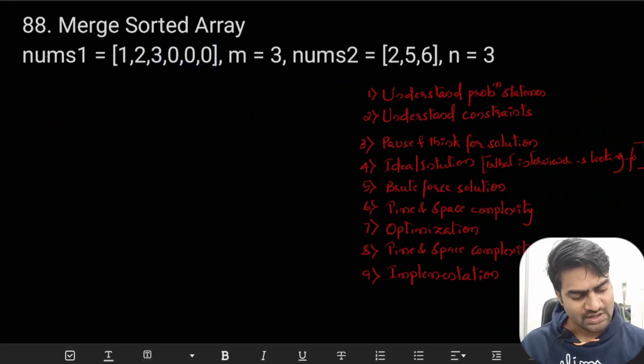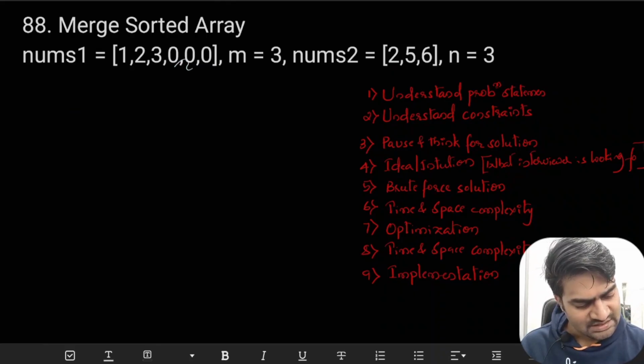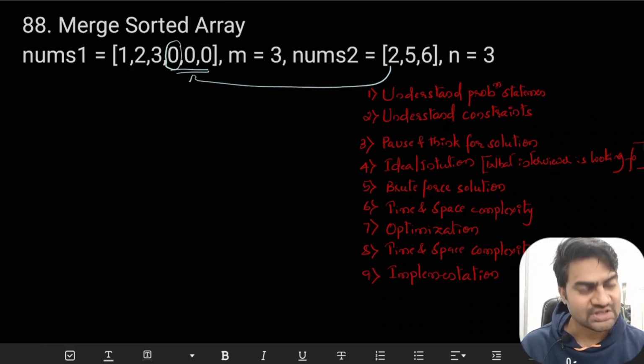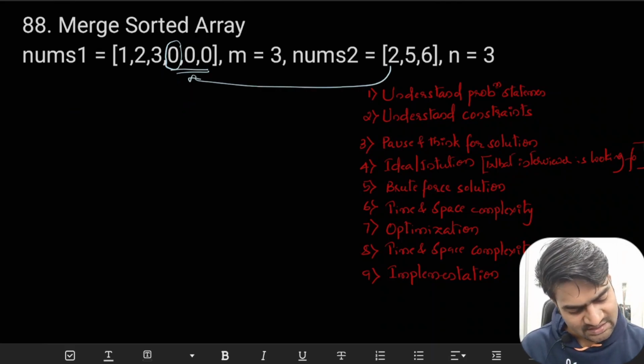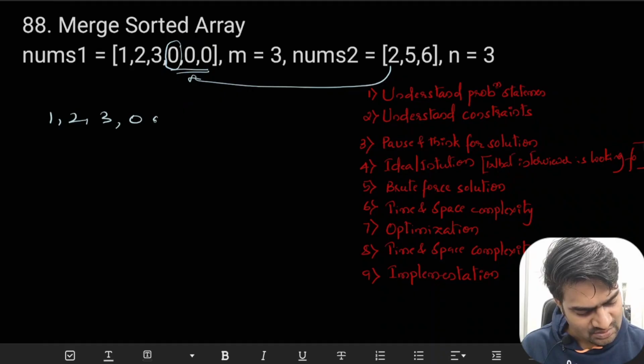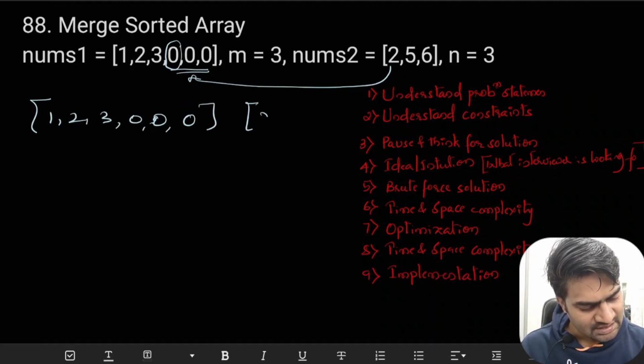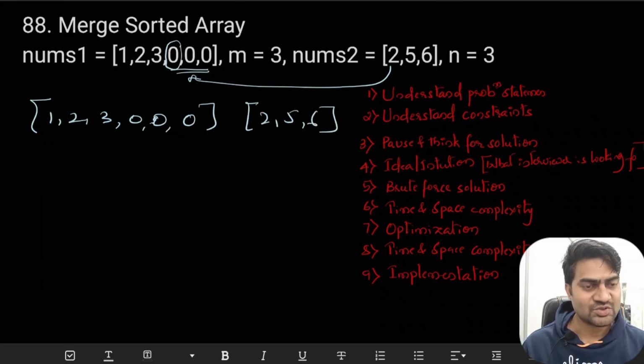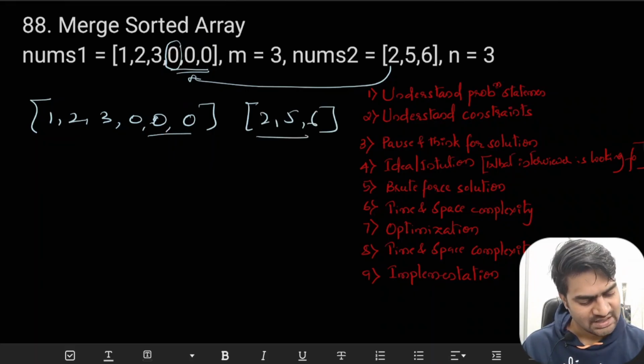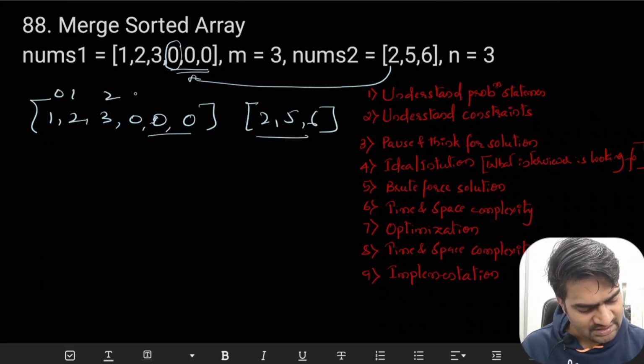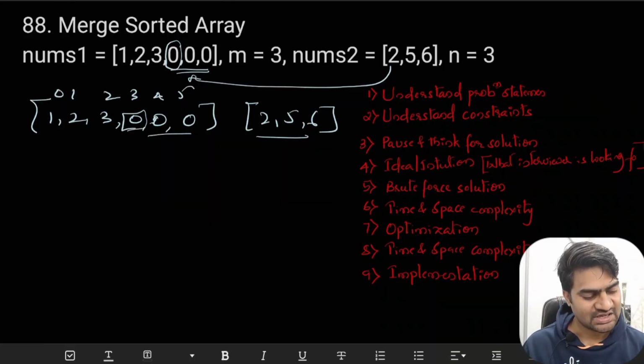So now I will start from this particular value and move this value to this array. So 1, 2, 3, 0, 0, 0, and 2, 5, 6. This is the nums2 array and this is the nums1 array. Now if you see the indexes, our index starts from 3, which is nothing but the value of m, correct?